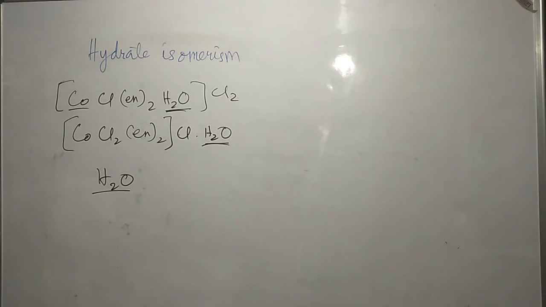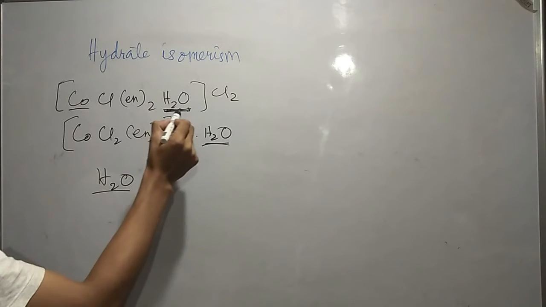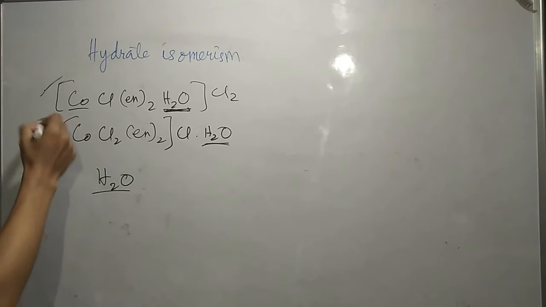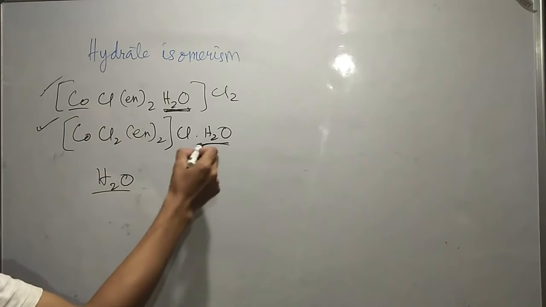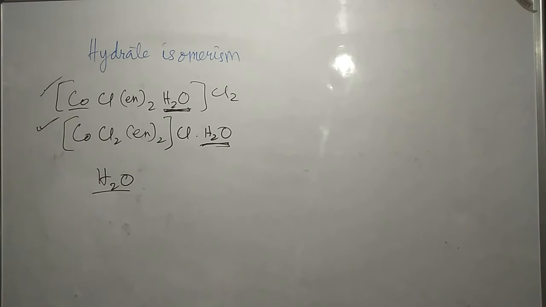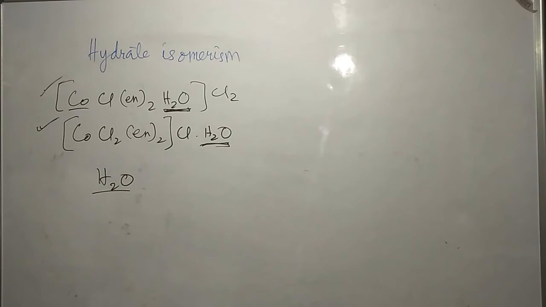Let us see one example. In the first example, the water is directly attached to the central metal atom, and in the second case, the water is not directly attached to the central metal atom. So this is one example of hydrate isomerism.